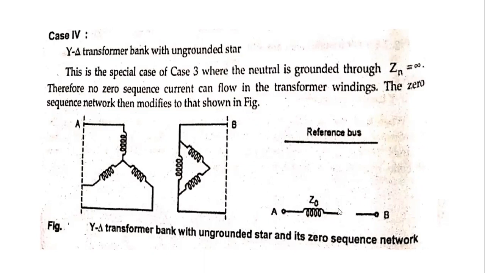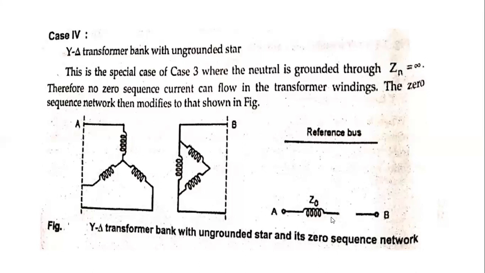In the previous case, A was connected to the reference bus, so the zero sequence current flowed from A to the reference bus. But in this special case, a star-delta transformer with ungrounded star, there is no path between A and the reference.